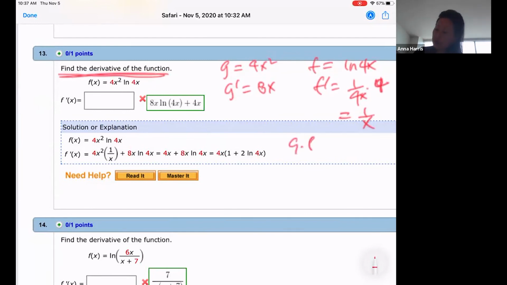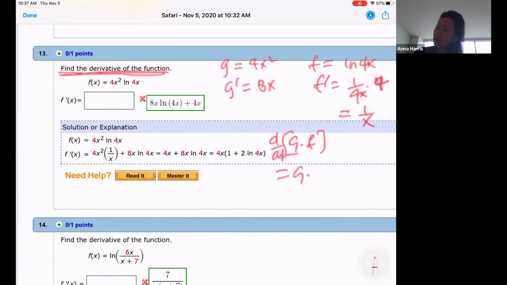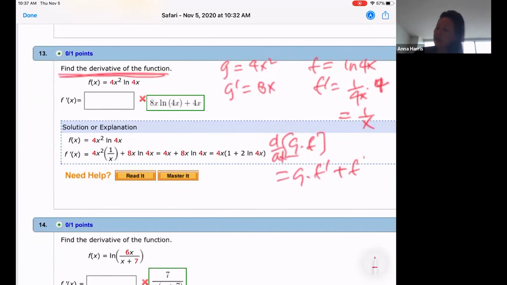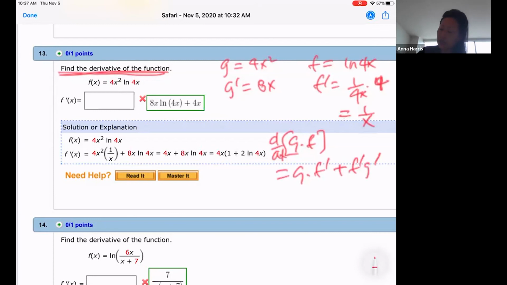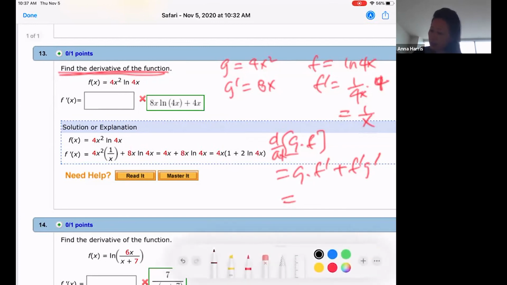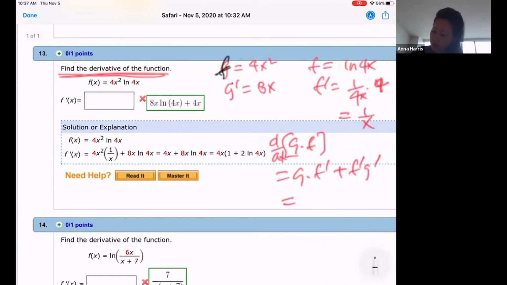Remember, g times the derivative of that becomes f prime plus f times g.